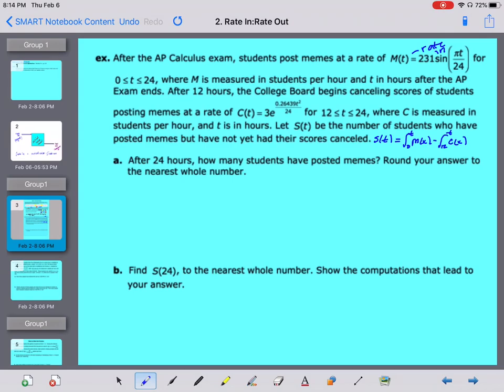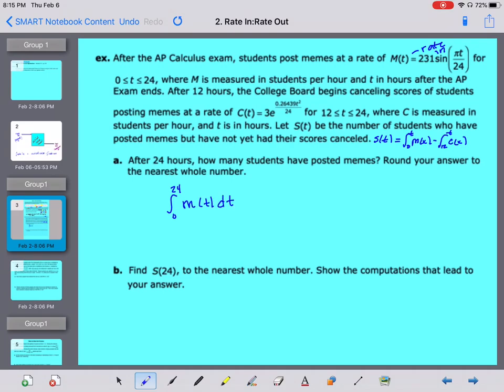So right now we're just looking at the posting of the memes, which just has to do with M of t. So if I want to know the number of students who have posted memes, remember at t equals 0, there are 0 students. So our start time is 0, and it says after 24 hours, so our end time is 24, of M of t dt.